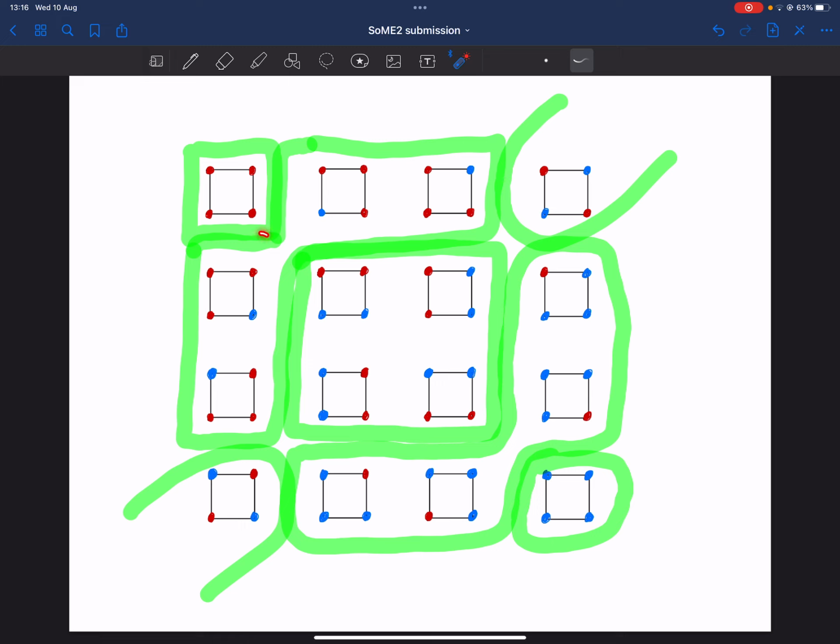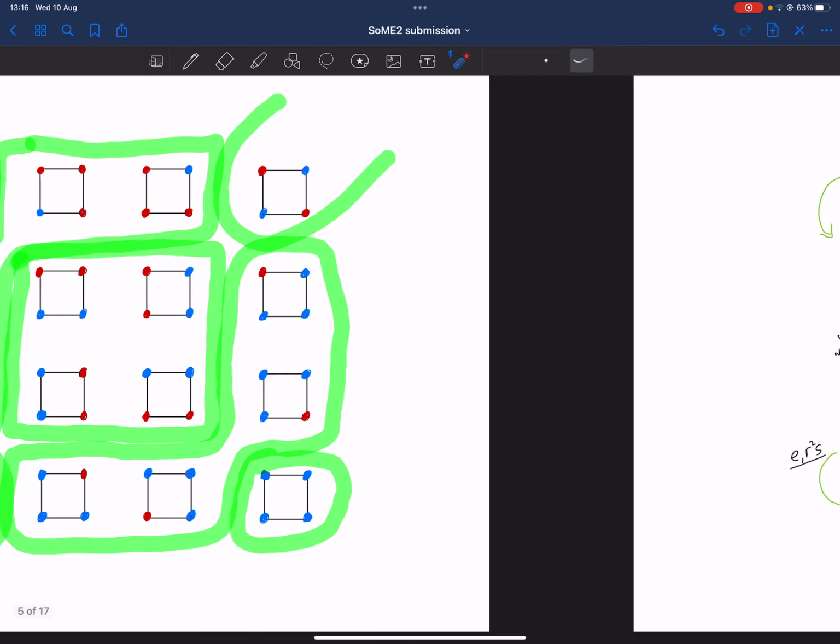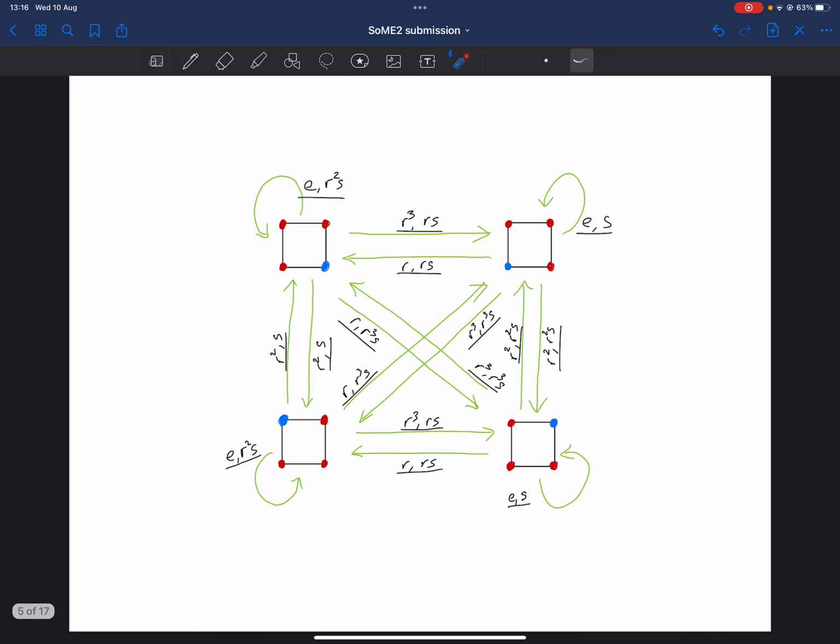Let's zoom in on this orbit here, the one with the colourings where exactly one corner is coloured blue. And we can see those 4 colourings here with a lot more detail about exactly which permutations are sending each colouring to each other.